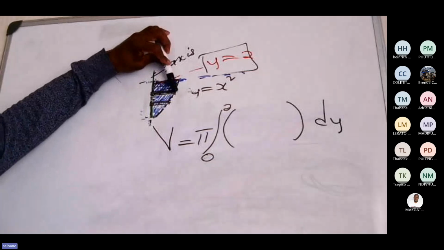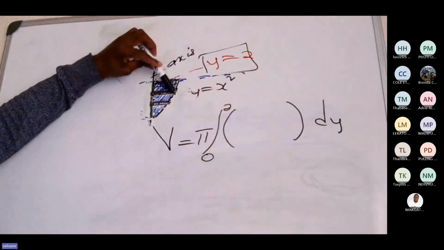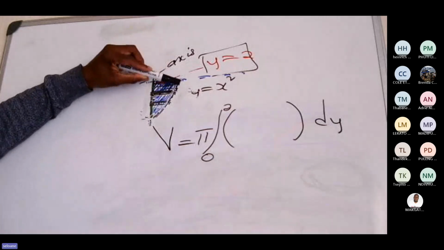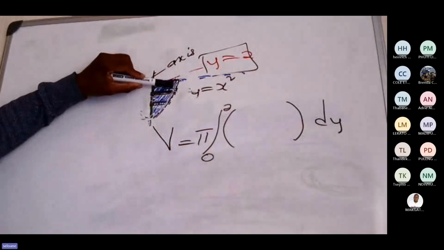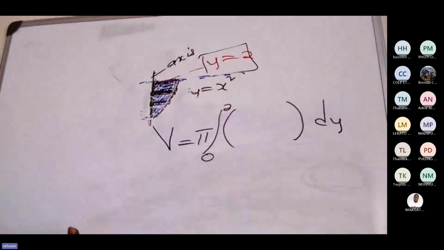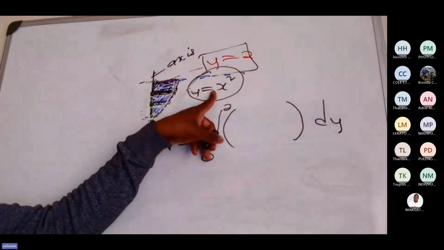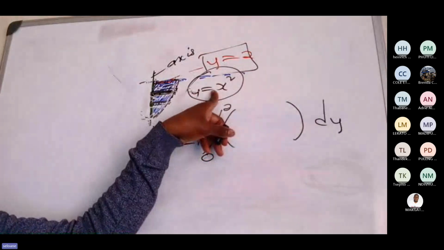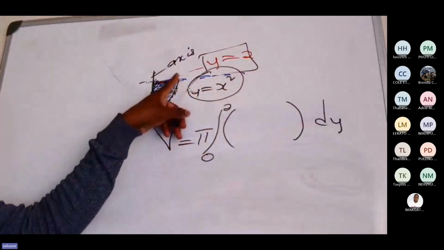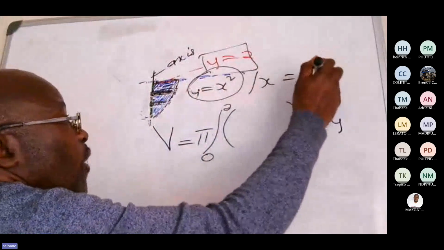And what is x here? It will be x at any point here, because it doesn't matter whether you cut here or here or here. The fact is you are cutting from this. Meaning you must come here and make x the subject of the formula. X at any point here will be x equal to the square root of y.